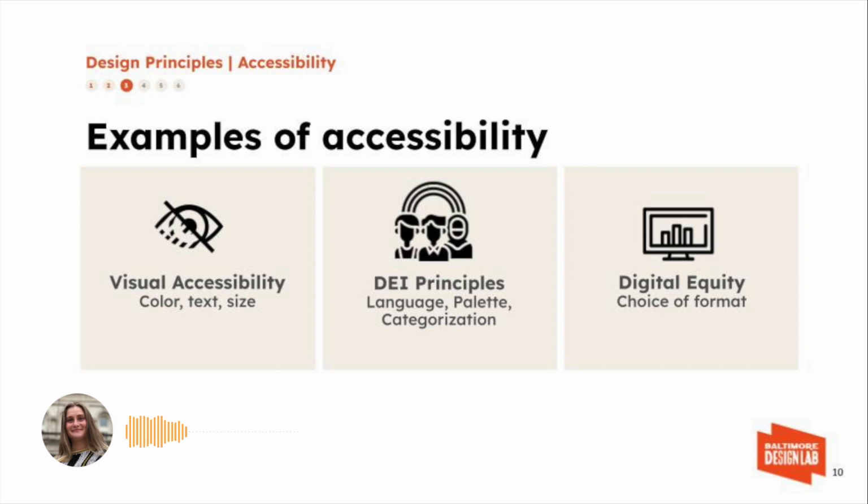And then diversity, equity, inclusion principles include being mindful of your language, for example, using the phrase Black residents instead of just Black, and then refraining from using colors that are traditionally associated with gender or race when you're reporting on those topics. And then finally, digital equity. This includes being mindful of formats. So some individuals may be viewing your content on a smartphone. So how your content is formatted can influence a user's accessibility to it.